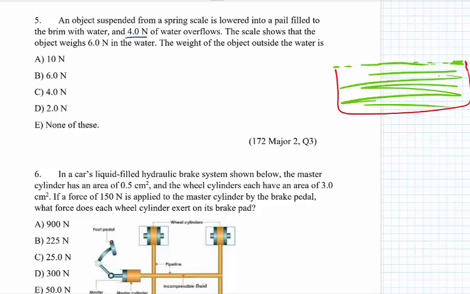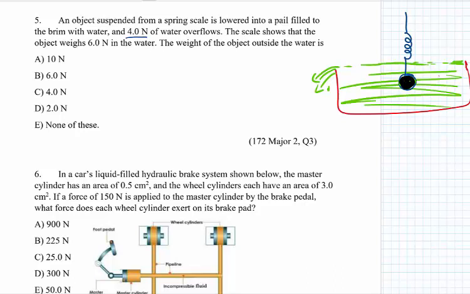When you put this object inside, hanging by a scale, some water will overflow. What is the volume of the water that will overflow? It equals the volume that's submerged inside the water, so it equals the volume of the object.